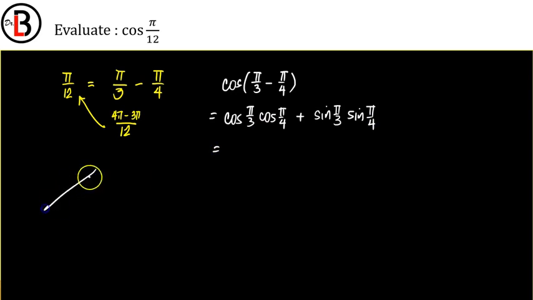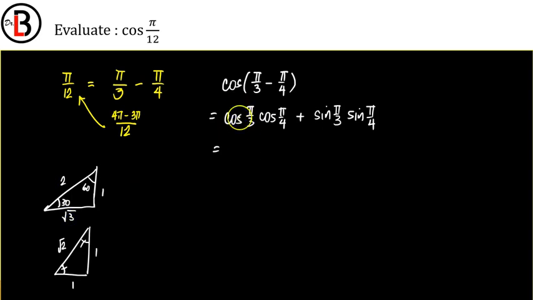So now that we have the pi over 3, pi over 4, it might be wise to draw the 30, 60, 90 triangle and the 45, 45, 90 triangle. So let's just say this is the 45, 45: 1, 1, square root of 2. This is 1, 2, square root of 3.